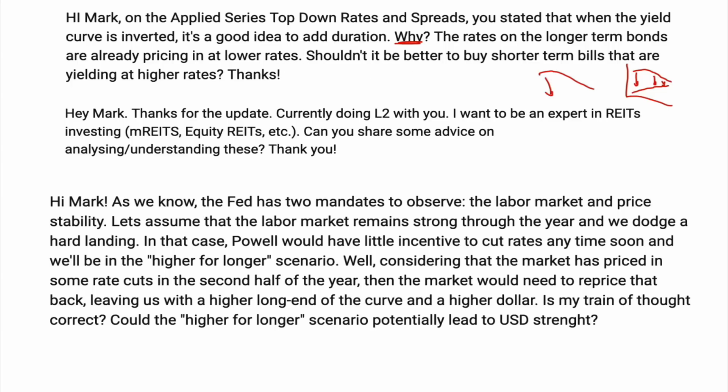So this is the difference between value and growth. If you're on the short end of the curve, you're investing for value. If you're on the long end of the curve, you're adding duration for growth. Value means you're going to get a nice yield off of this. Growth means you're looking more for capital gain off of this. And when rates drop at the short end of the curve, you're really not going to get much of a capital gain because a 6-month treasury has almost no duration.